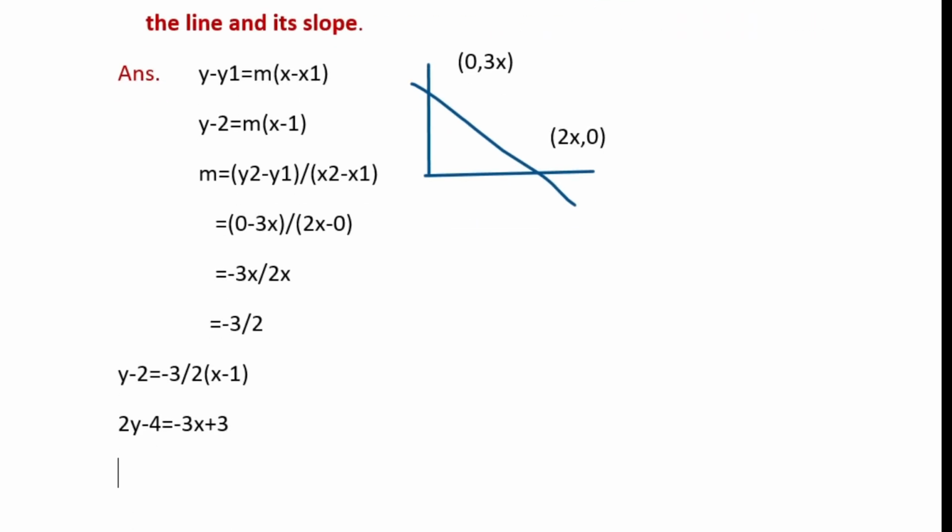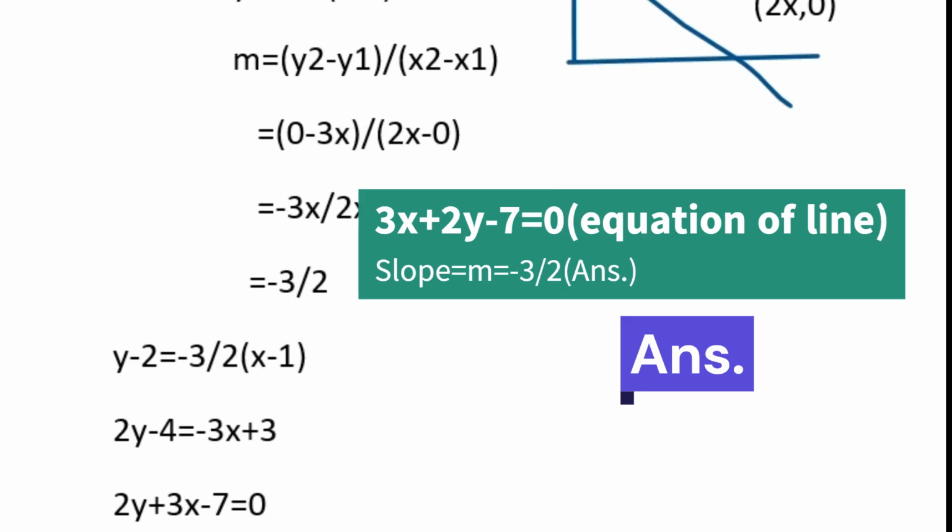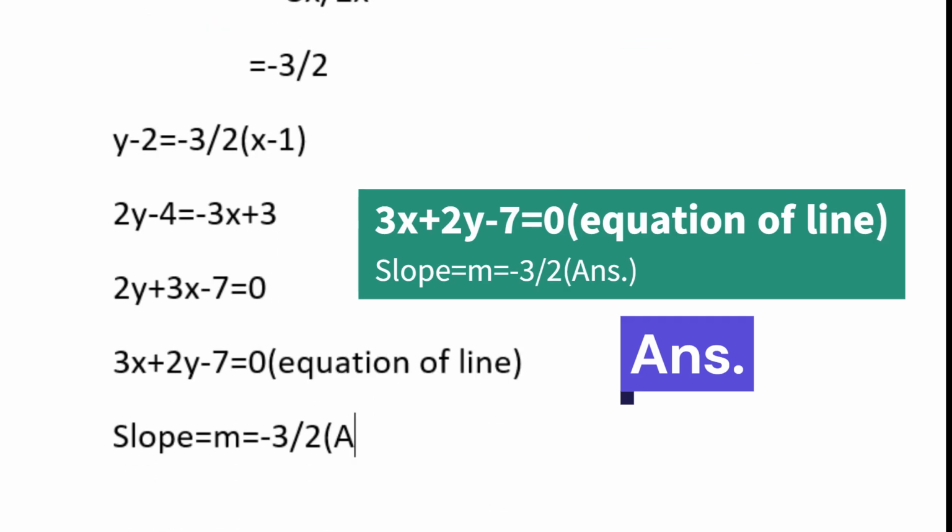Now 2y plus 3x, minus 4 minus 3 is minus 7, so 2y plus 3x minus 7 equal to 0 is the equation of the line. This is the answer.